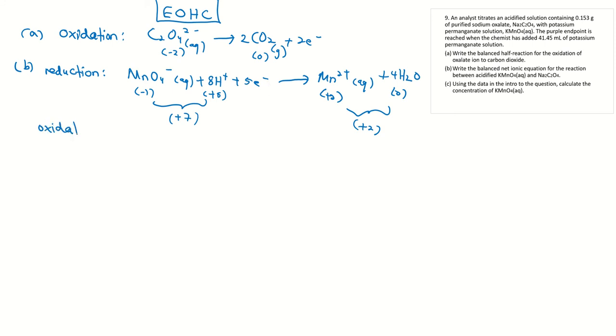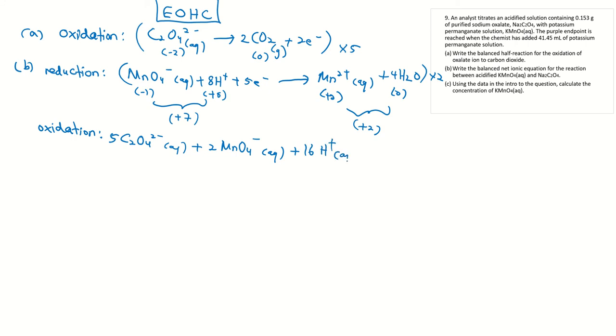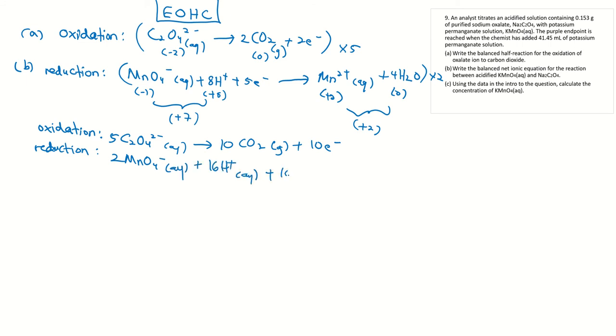So now for oxidation, you times by 5. Sorry, I'll just write the oxidation equation first: 5 C2O4 2 minus aqueous becomes 10 CO2 gas plus 10 electrons. Then we write the reduction equation: 2 MnO4 minus aqueous plus 16 H+ aqueous plus 10 e minus produces 2 Mn2+ aqueous plus 8 H2O.